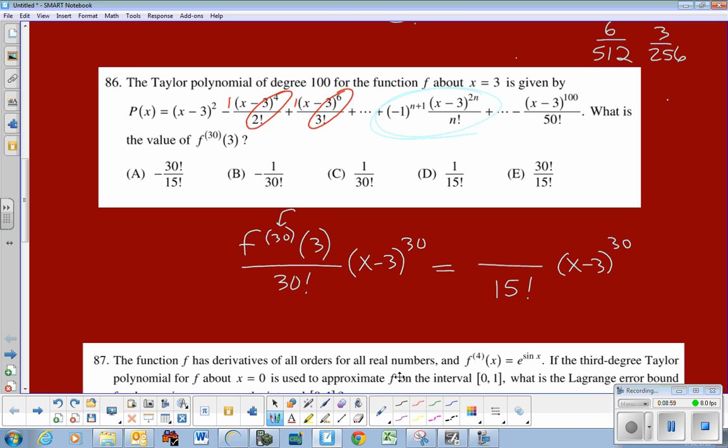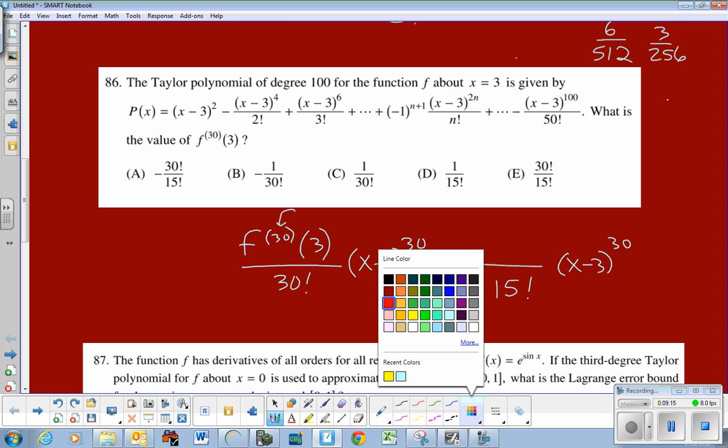These things alternate. I was working this problem and I was thinking, how am I going to figure that out? There's probably a more elegant way to figure it out, but then I just started counting on my fingers. Is the 30th degree term going to be plus or minus? Well, look at what the pattern is.